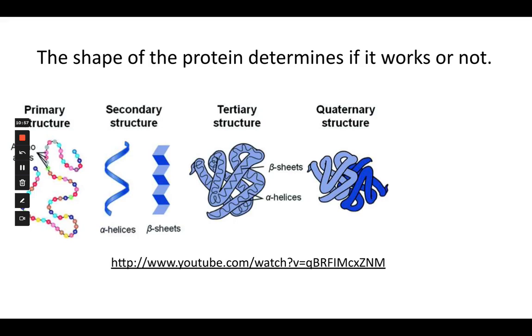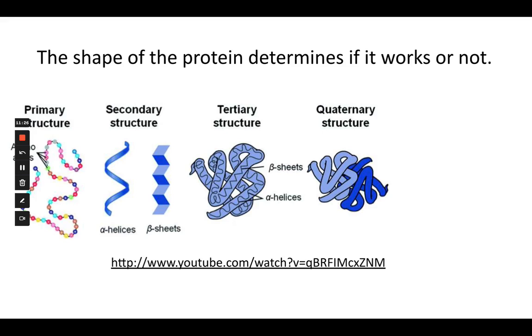The big thing that you have to remember about proteins is it's not just the order of amino acids that determines the protein. In fact, the structure of the protein has to be exact for it to function properly. And so we have 4 different levels of structure when we're talking about proteins. We have the primary structure, which really is just a chain of amino acids stuck together.